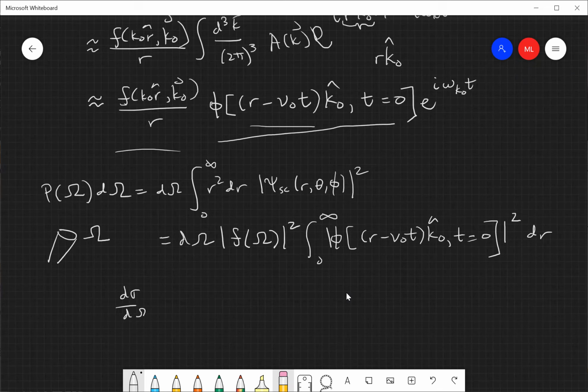The differential cross-section must be this probability of observing a particle in the solid angle divided by the total flux that's coming in from your initial incoming beam of particles, what have you.